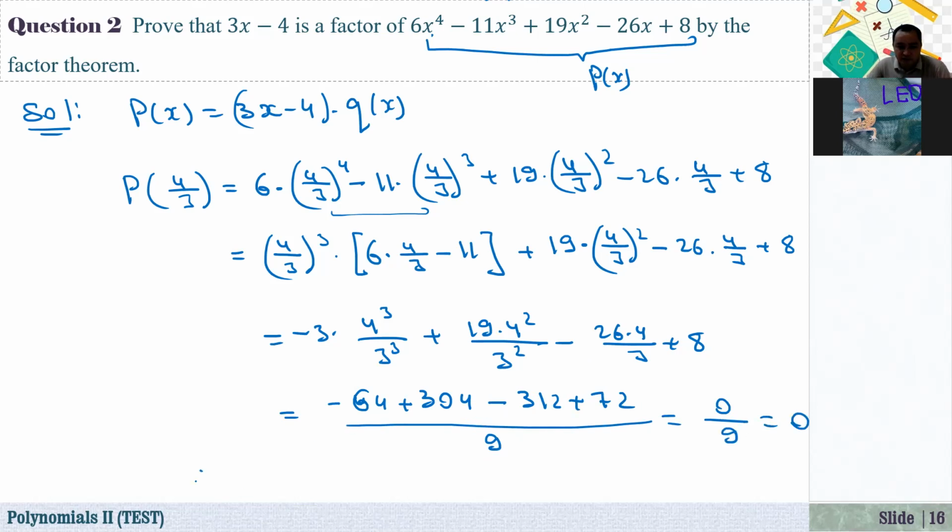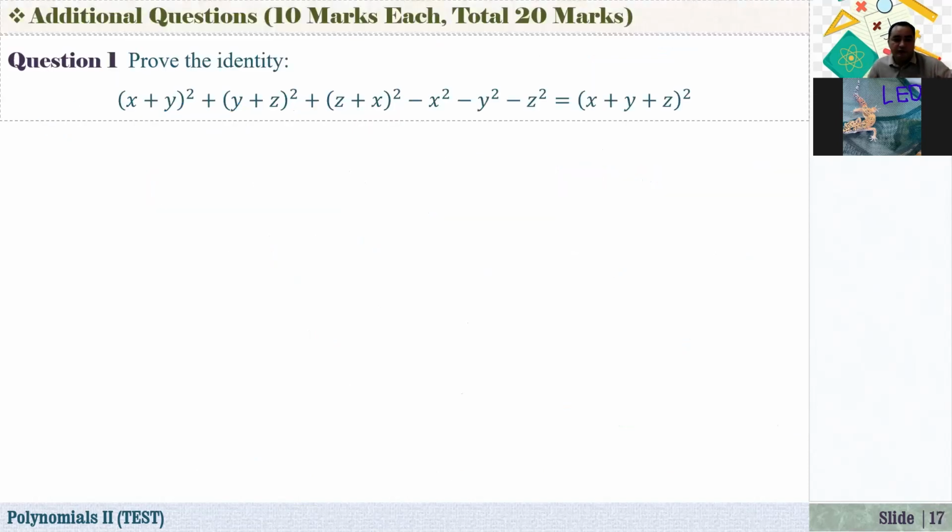So that means that from here, we can draw a conclusion that then 3x minus 4 is a factor of P of x. Why? Because P of 4 over 3 is equal to 0.